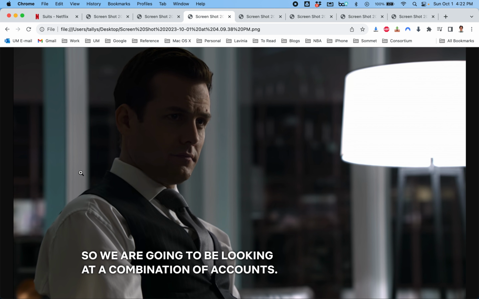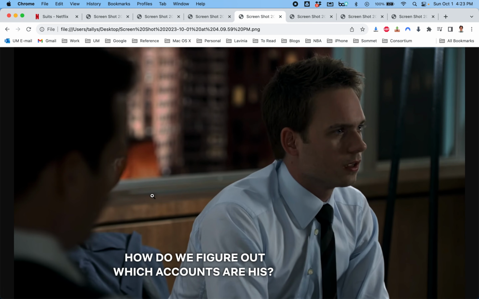They split the amount into several smaller amounts and deposit them in different banks, the accounts of which are all owned by the same person. So Mike asks, how do we figure out which accounts are his, since he took this money and split it?